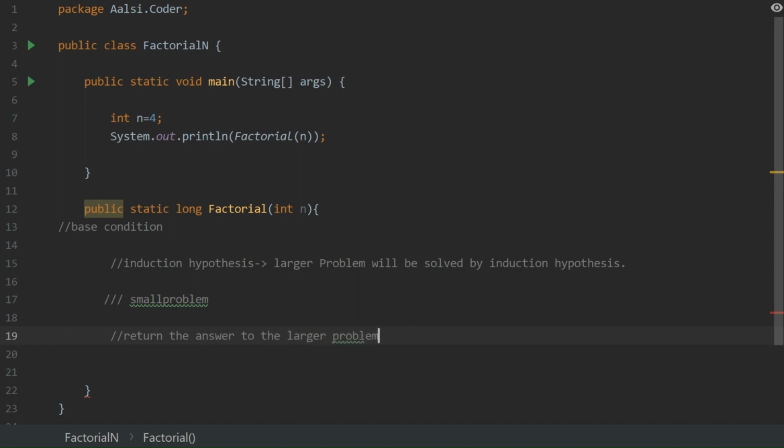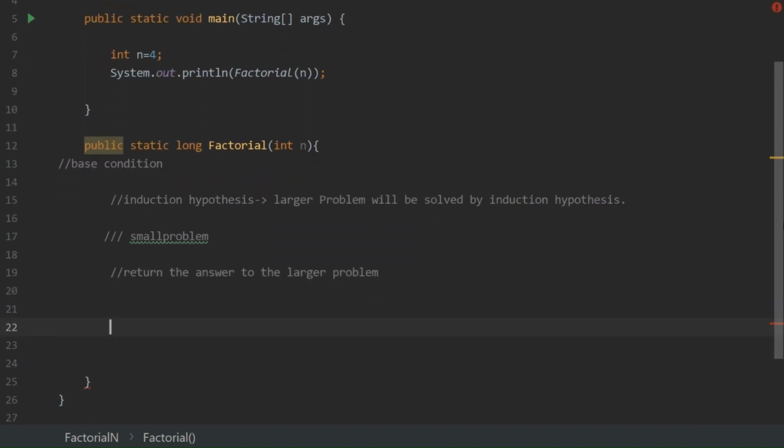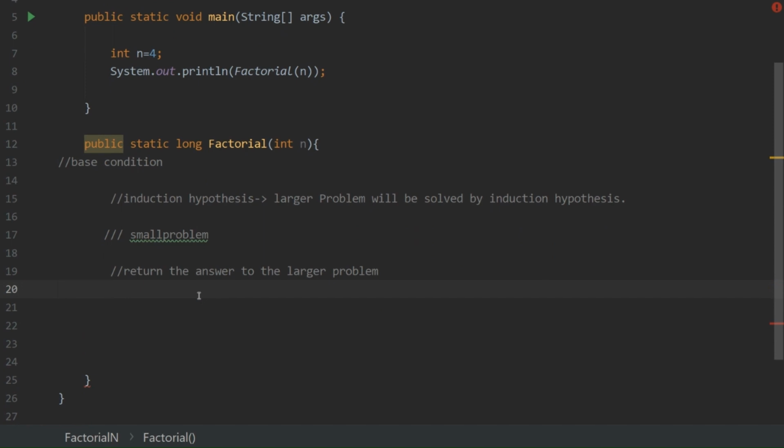Correct? So let's write. We'll write that f of 0 is true. We know the value of factorial 0. So if n equals 0, we will return 1.